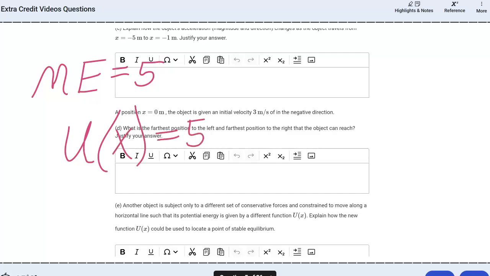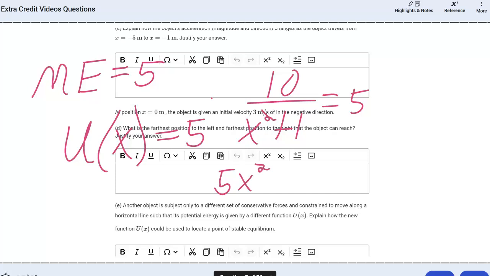So we do that. We set 10 over x squared plus 1 equal to 5. And then 5x squared plus 5 equals 10.